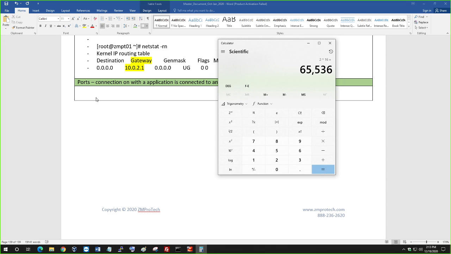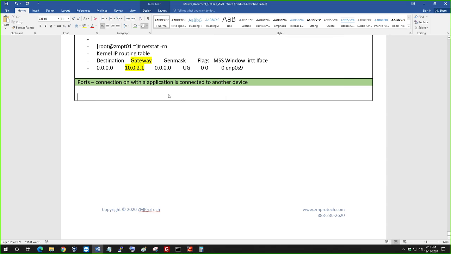There you go, 65,536. So there are 65,536 places where a network or computer system could get hacked.